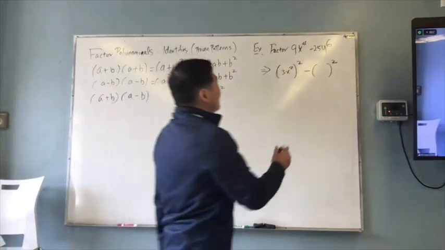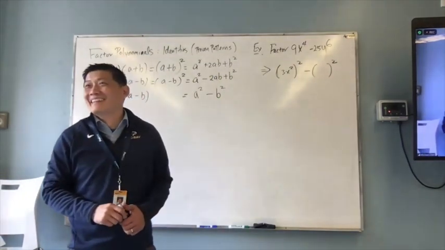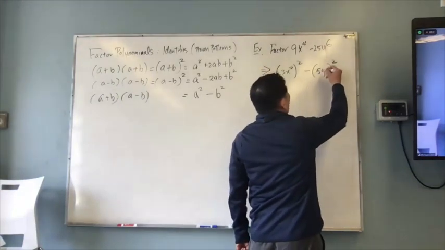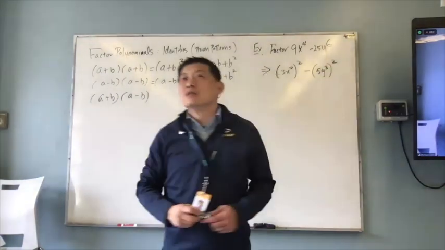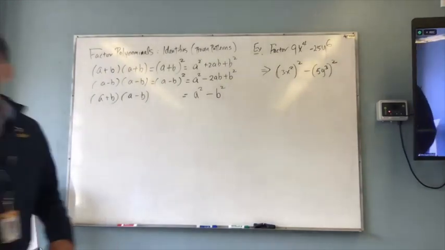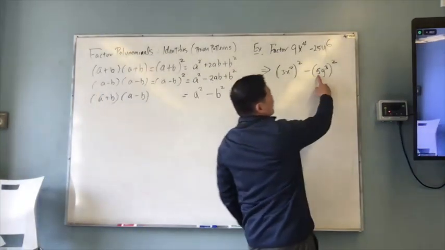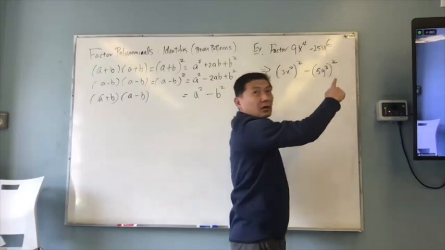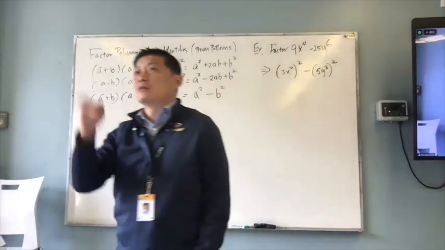Right? Okay, good. Yeah, you got it? Okay. Do you have 5y cubed? Right? Okay, 5 squared is 25. Y cubed squared is y to the 6th, right?